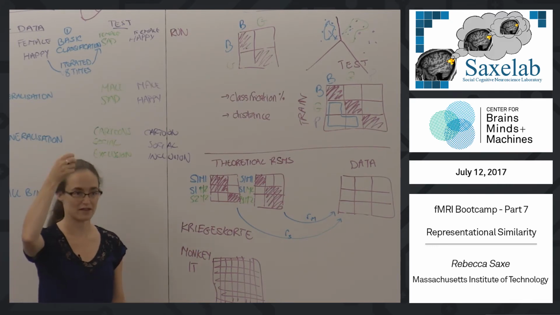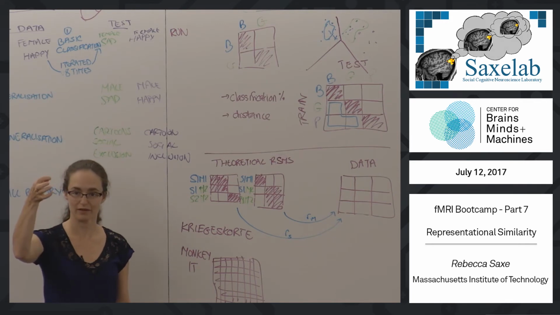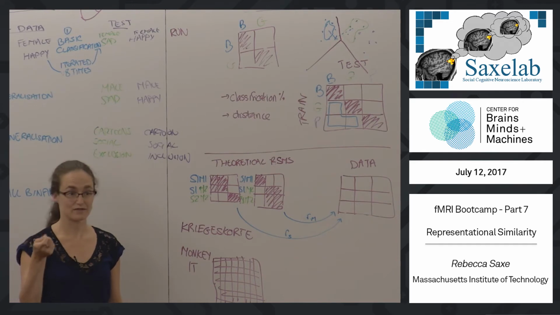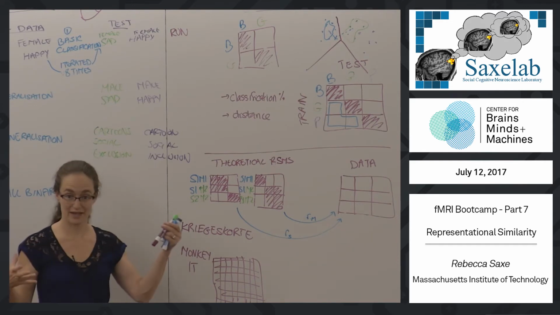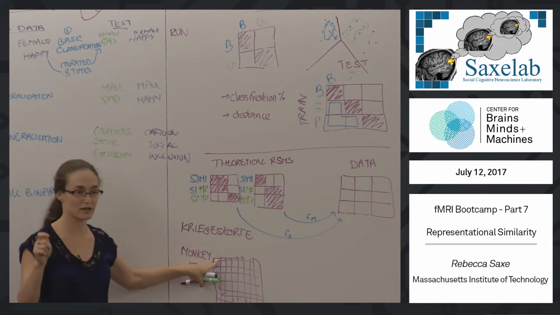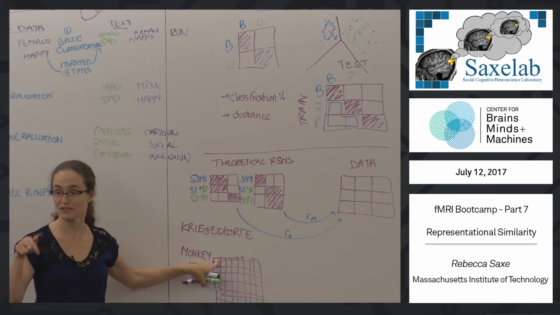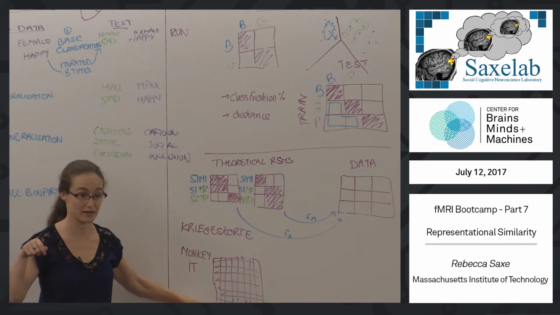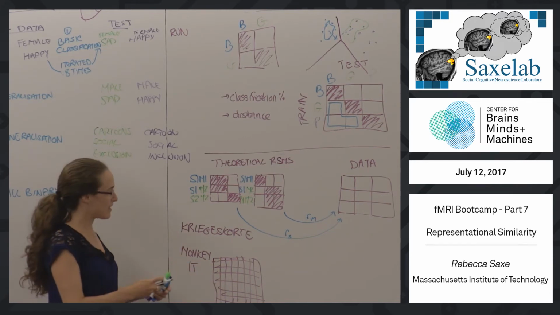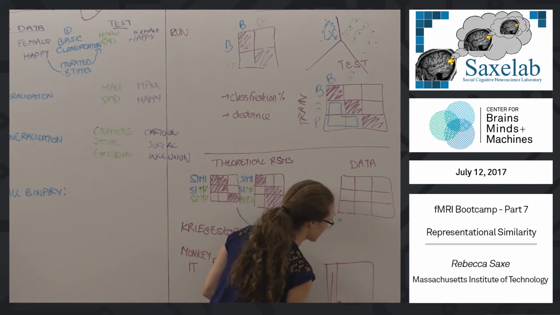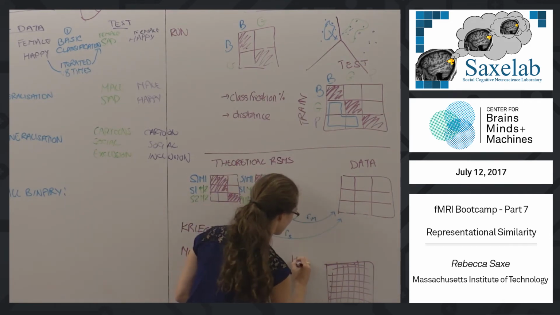Each time you present the image, you record the activity in all the neurons. That gives you where that image is in the space of the neuron's activity. So for each image, you can compute its position in the multidimensional space of neurons, and then the distance of that position to each other image, right? And then the same thing for the same images, but these data are from human fMRI.